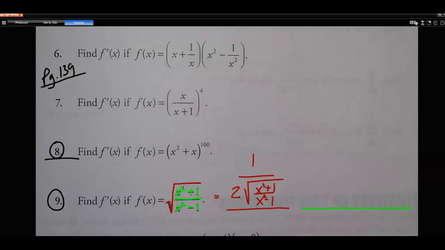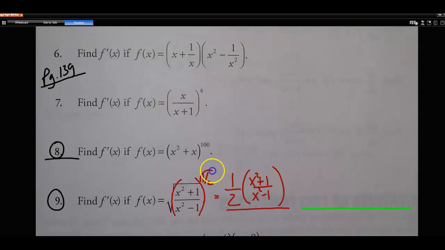Another way you guys can do it, which is a little bit more work, is you can think of the square root as parentheses with a half power, in which case you would move the half to the front. You would leave the inside the same.